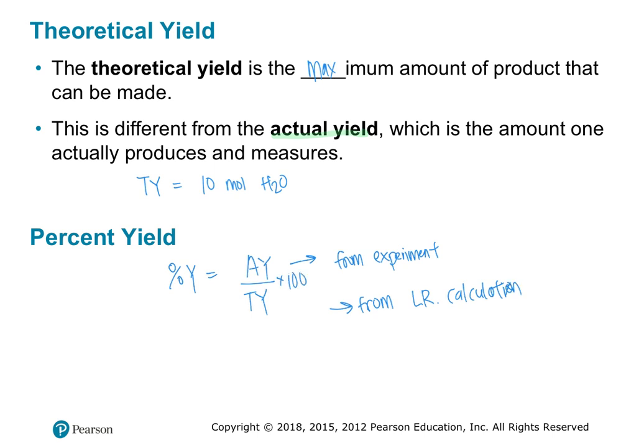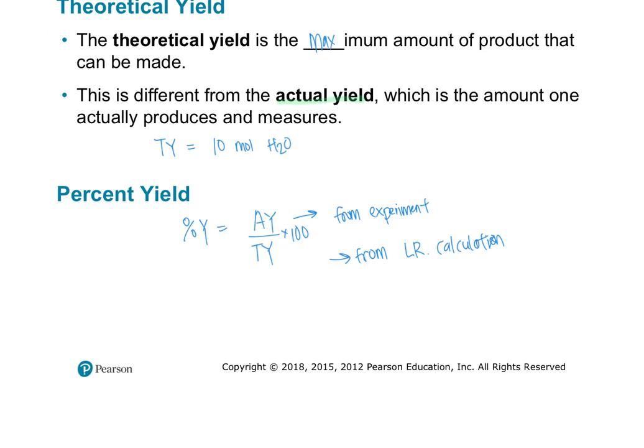So let's say in the lab, we did this example, we did this water creation from hydrogen and oxygen, and in the lab I made, let's say the actual yield was 5.5 moles of water.